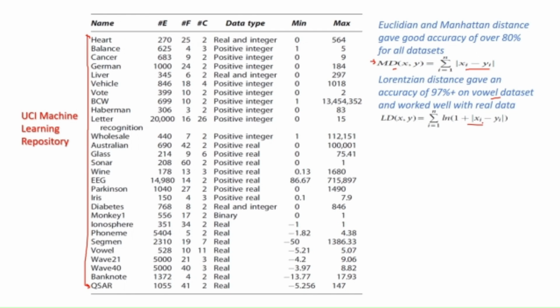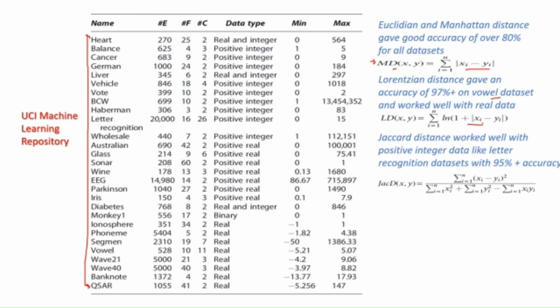This distance is sensitive to small changes, since the log scale expands the lower range and compresses the higher one. Then we have the Jaccard distance, which worked well with positive integer data like the letter recognition dataset, which gave over 95% accuracy.